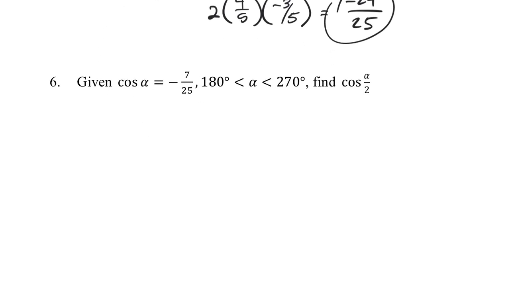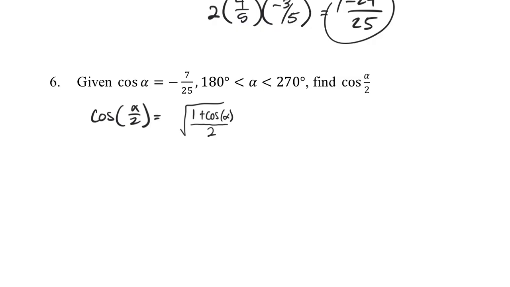Okay, the half angle identity for cosine. It's going to be either the positive or the negative of the square root of 1 plus cosine alpha divided by 2.